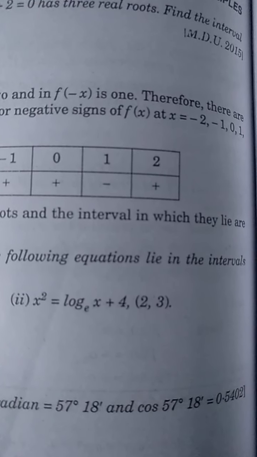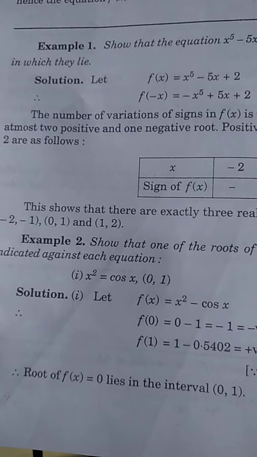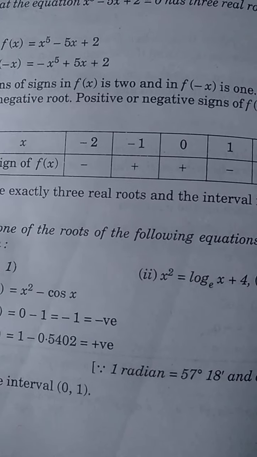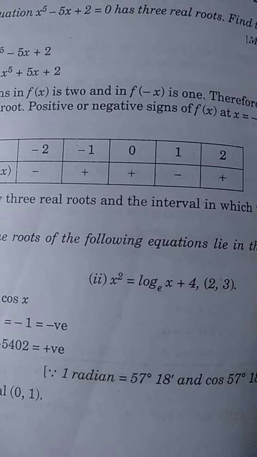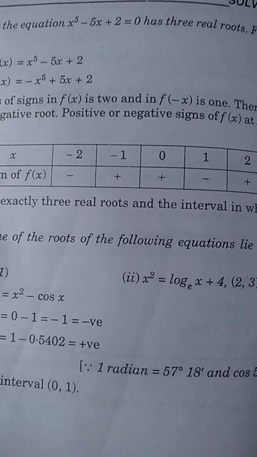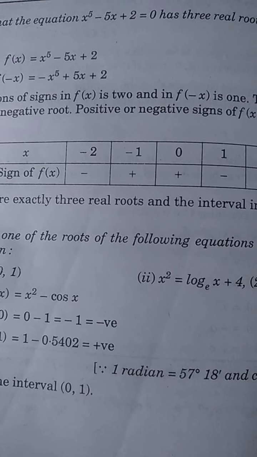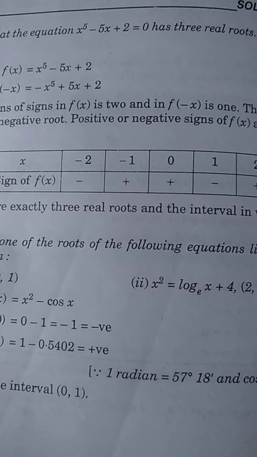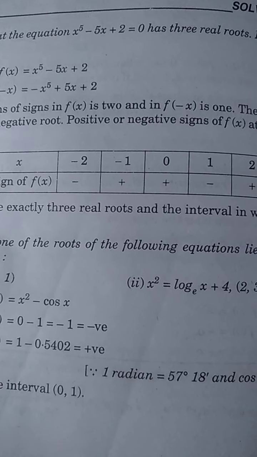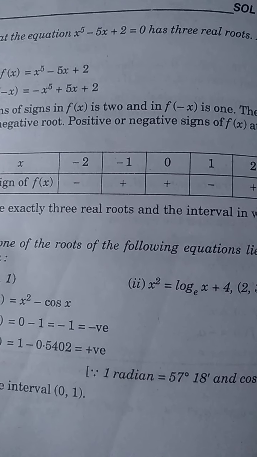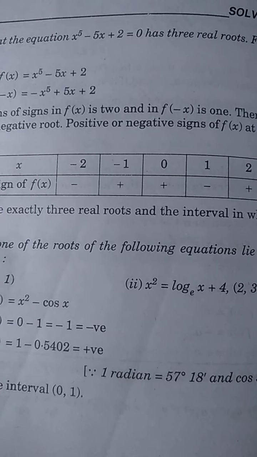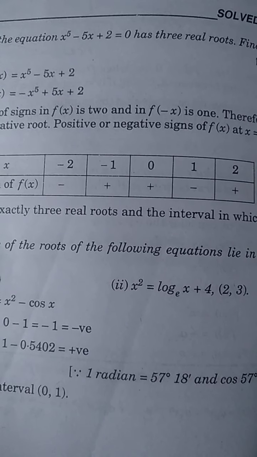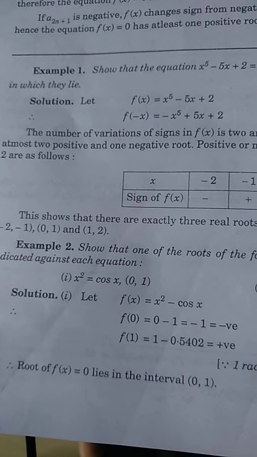Now we check the signs of f(x) at x = -2, -1, 0, 1, 2. When we put x = -2, the sign of f(x) is minus; when we put -1, the sign is plus; at 0, the sign is plus; at x = 1, the sign is minus; and at x = 2, the sign is plus.